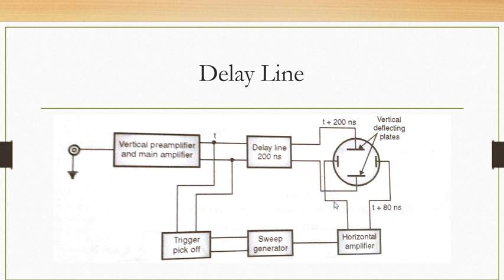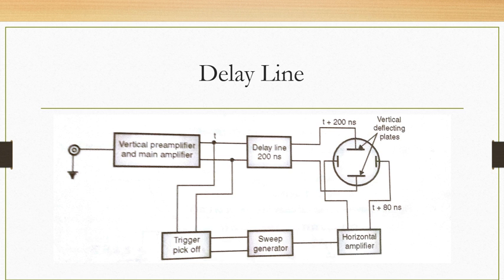One thing to keep in mind is that we have not yet discussed the delay line; we are just discussing the direct connection. Why is it happening? Because the vertical amplifier is directly connected, but for synchronization we require the trigger and the sweep generator, or time base generator.